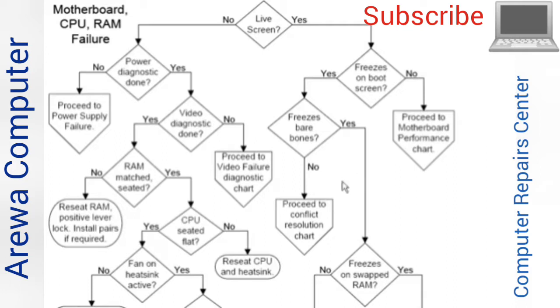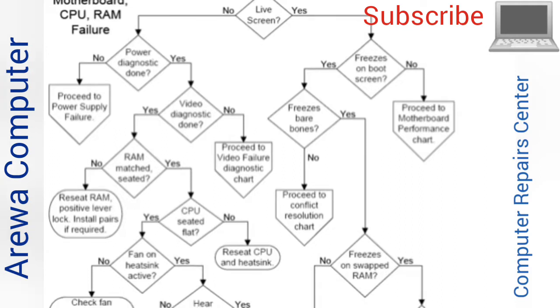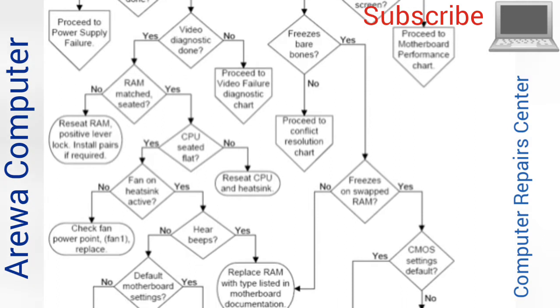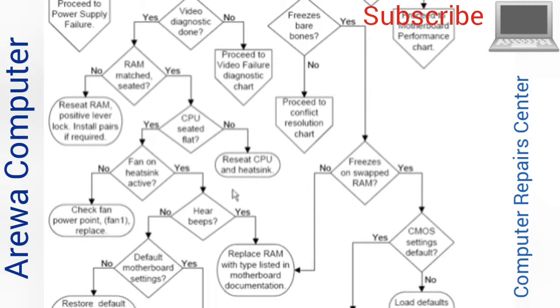Now, as you get into actually troubleshooting the motherboard, because the components, the CPU and the RAM, are socketed, it's pretty common to have problems where simply the socket loosens up a little or it oxidizes with age, and just reseating the component might fix the problem. And this chart takes you through that in a logical manner. I don't recommend you start out there and just do it.